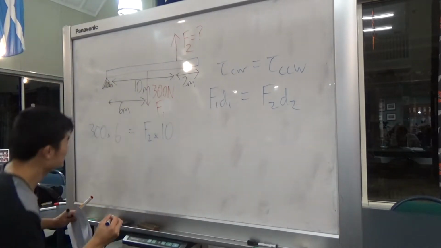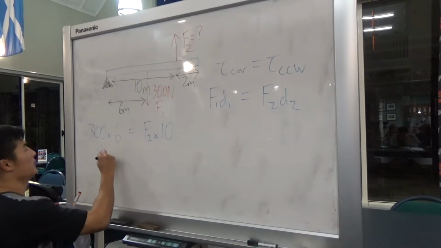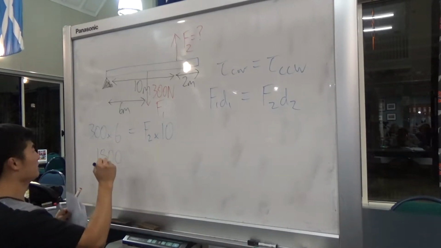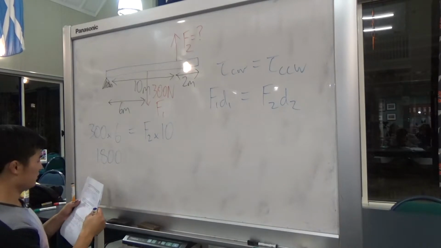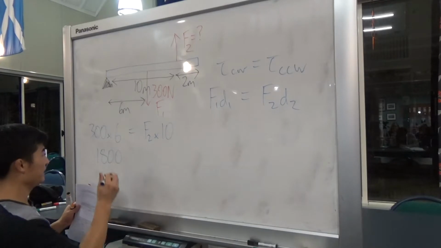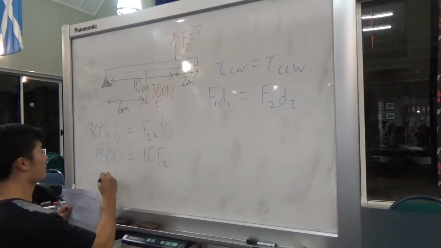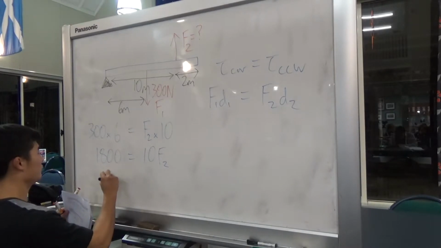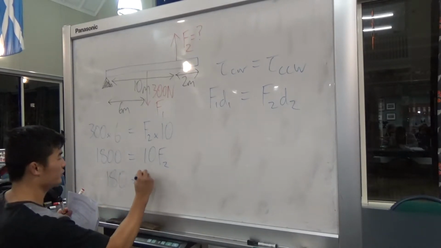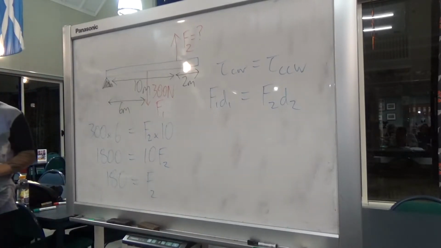So that's 300 times 6 is 1800. 1800 is equal to 10 times F2. So then 180 is equal to force 2. So that's your answer, 180 newtons.